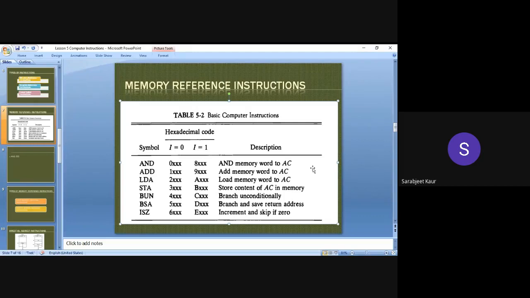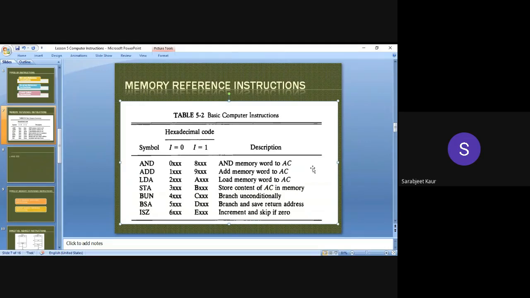Okay, so I'll come to the execution of these memory reference instructions later again. I'm just trying to give you an idea of how the memory reference instructions look. The next instruction is LDA, and let's say it is LDA 200.